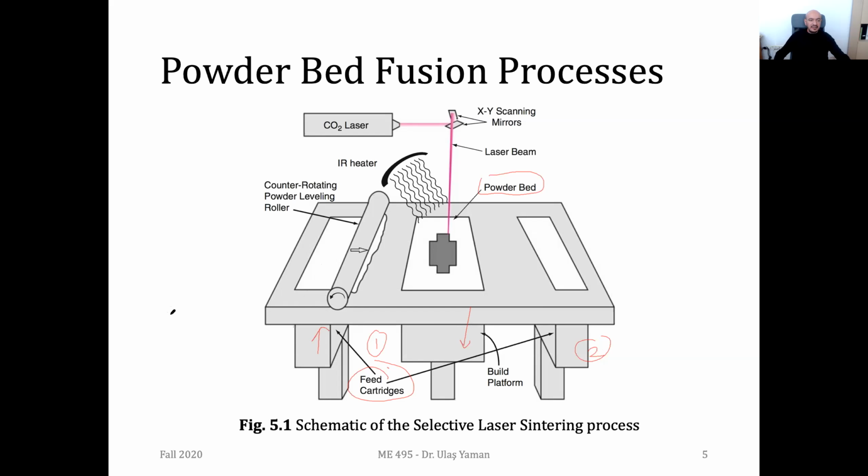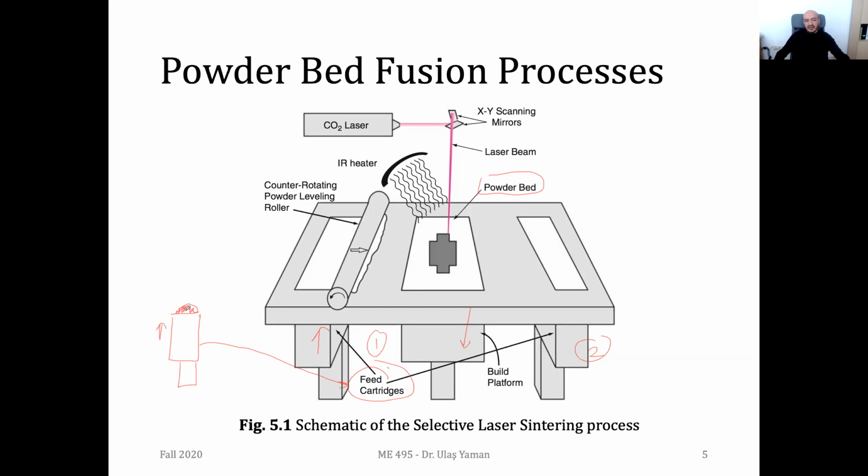So if I draw a side view here, assume that this is the feed carriage. Once you move a little bit, that means you have some powder around, okay?